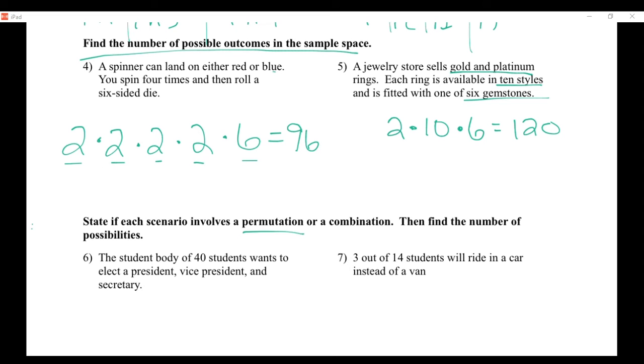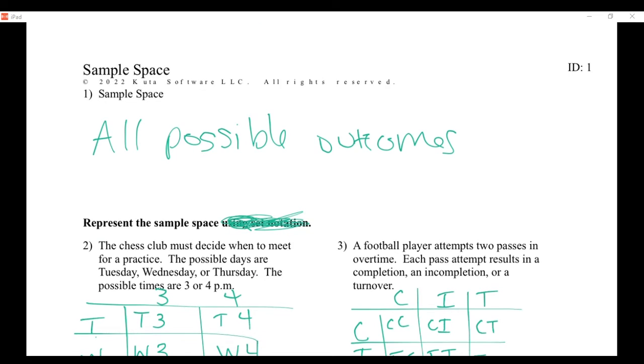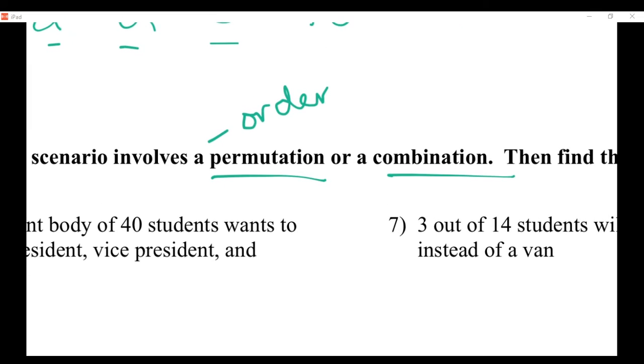Then you've got your permutations or combinations. The main thing here is being able to tell which is which. A permutation is where it's either going to talk about a specific order or everything you choose is different. Remember, permutations and combinations come from choosing out of a group.